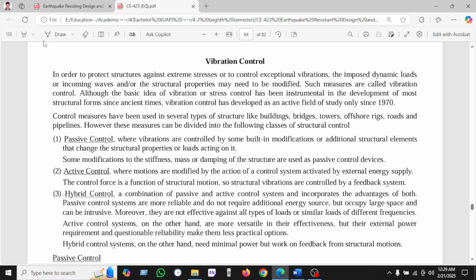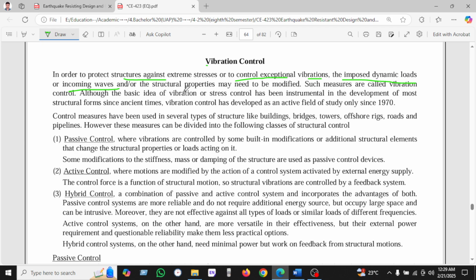Okay, let's see. Here is some explanation. In order to protect the structure against extreme stresses or to control exceptional vibration imposed by dynamic load or incoming waves, the structural properties may need to be modified. Such measures are called vibration control.